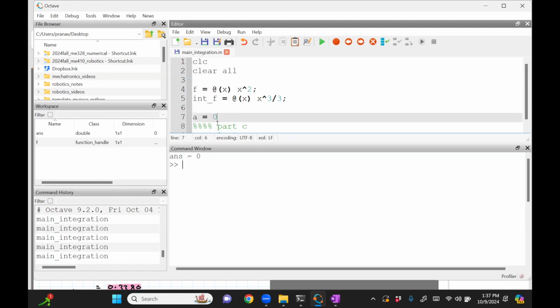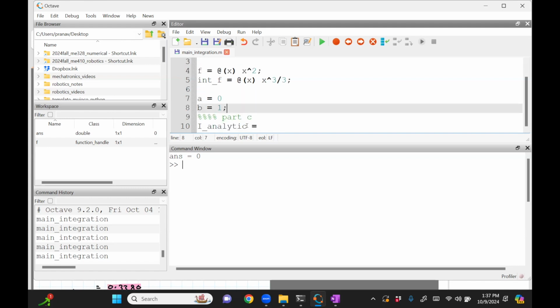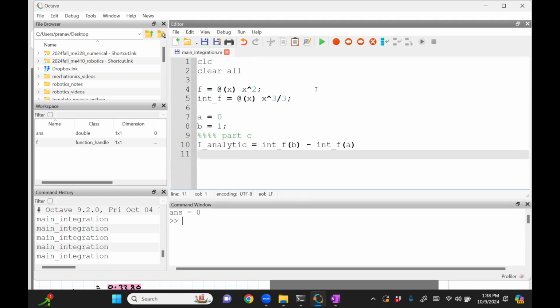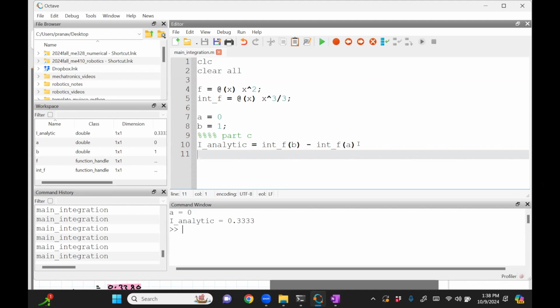A equals 0, B equals 1. So when we want to find the analytic expression, it's going to be int f at b minus int f at a. So int means integral. Okay, run this. Okay, 0.333, we know that's right.